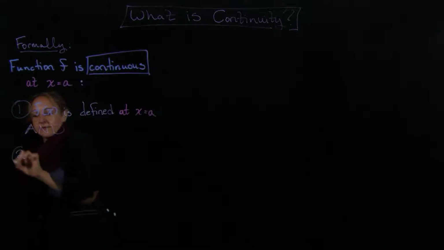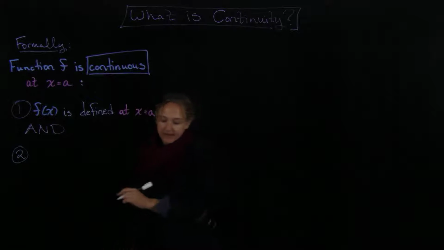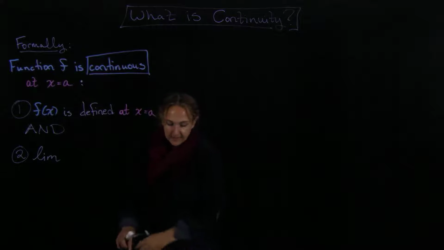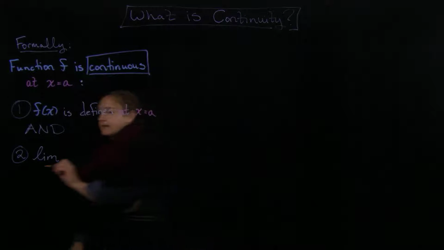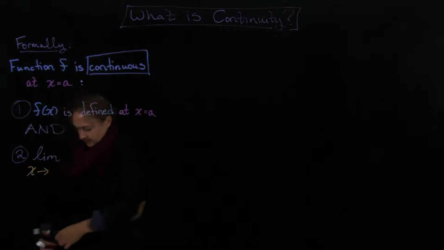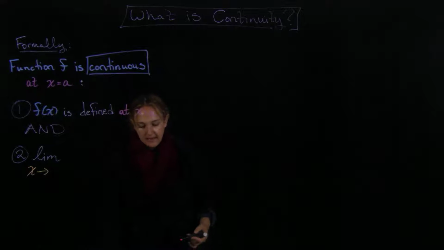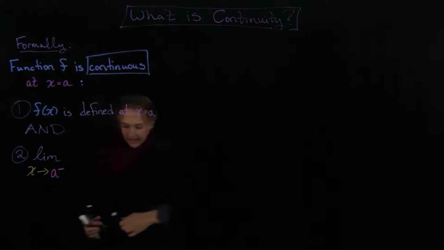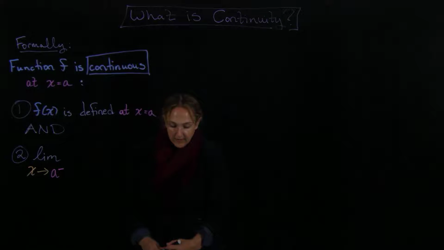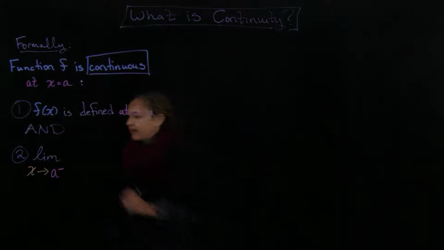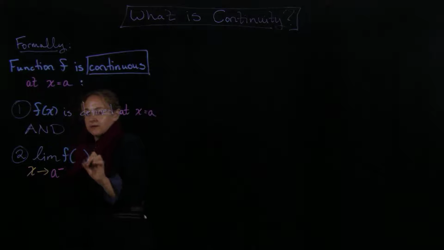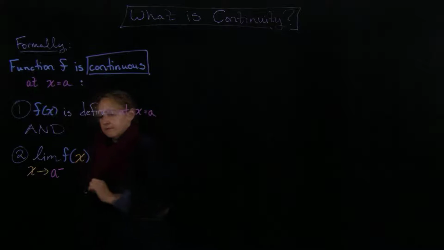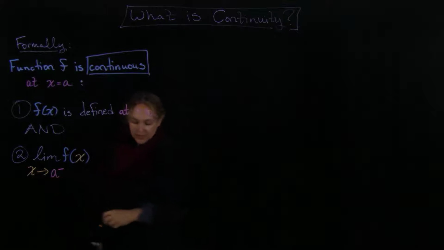And the other part that we actually need is that we're going to have these limits, and I'll draw a picture so that hopefully makes a little more sense. So we have this limit as x goes to a from the left-hand side, of f of x. We're putting in values of x, and those x values are approaching a from the left-hand side.